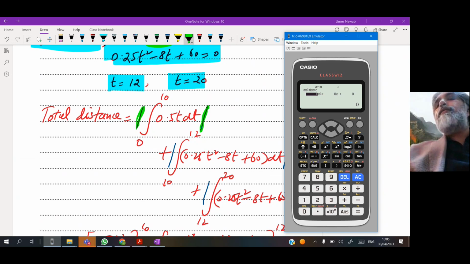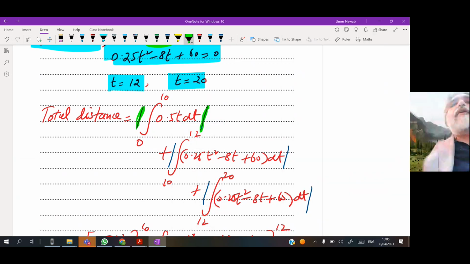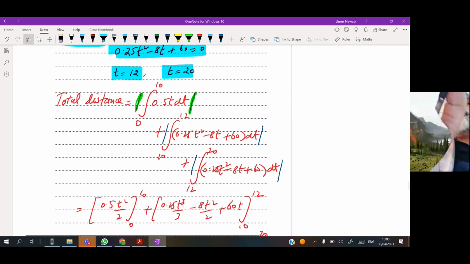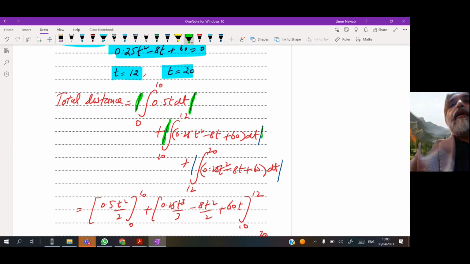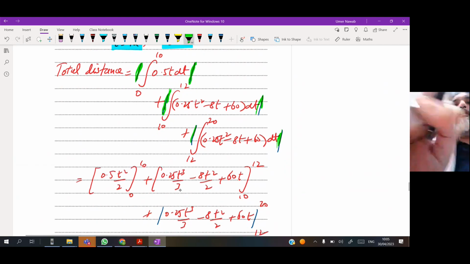If it becomes negative, that is, if the area is formed under the time axis, your answer will become negative. So I don't want to take any negative area or negative integral. That's why it's better to put bars around every integral: from 0 to 10, from 10 to 20, 10 to 12, from 12 to 20. I need to take the integrations, guys.